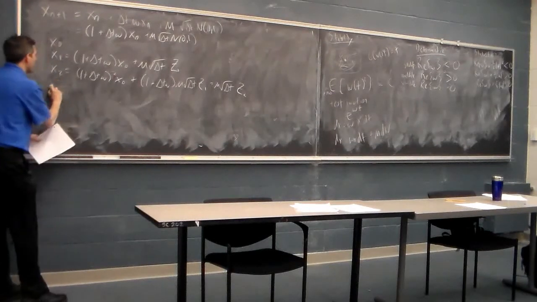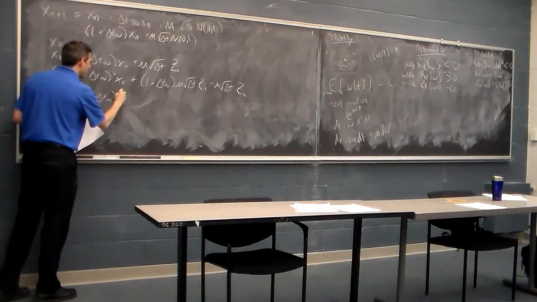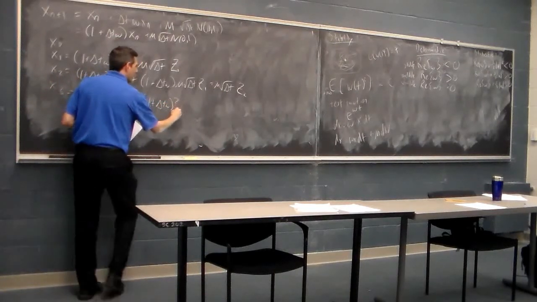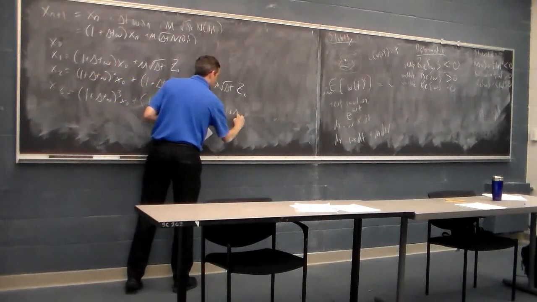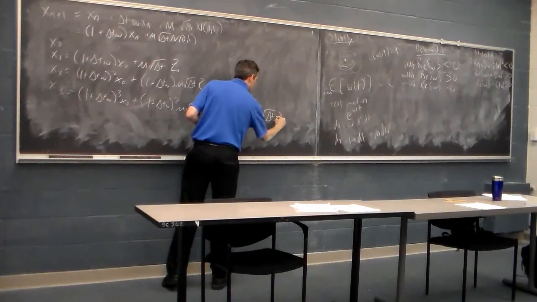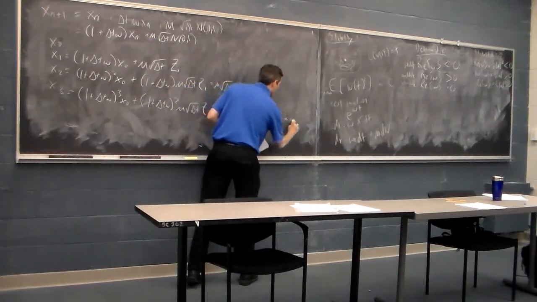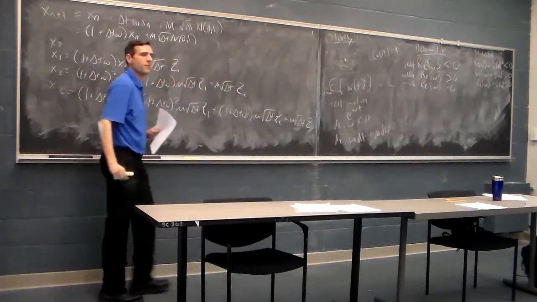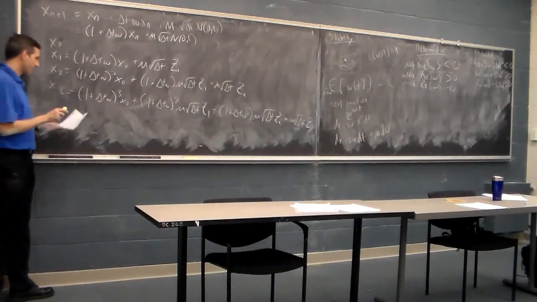All right, so if we keep going, we could say that x3 is going to be now 1 plus delta t omega cubed times x0, plus 1 plus delta t omega squared mu square root of delta t z1, plus 1 plus delta t omega mu square root of delta t z2, and now we have to add in another noise term, so that's going to be mu square root of delta t and a new independent normal z3. It should be pretty clear at this point what the pattern is as we go forward through successive steps.